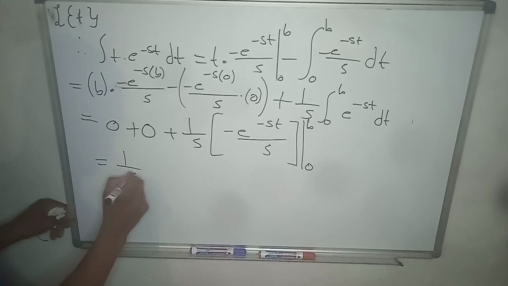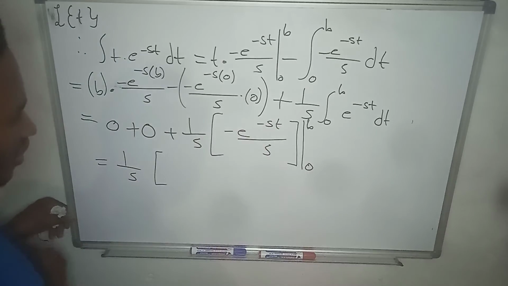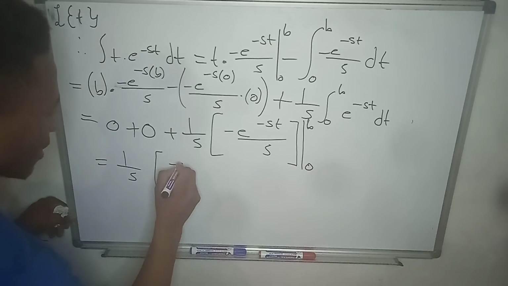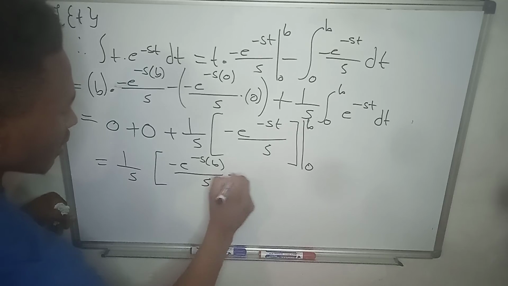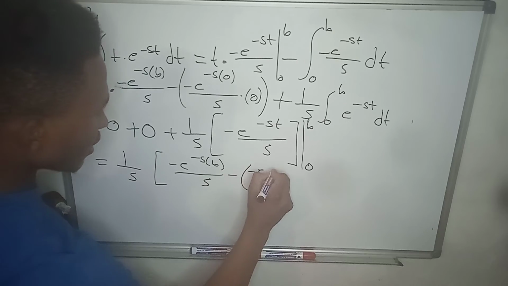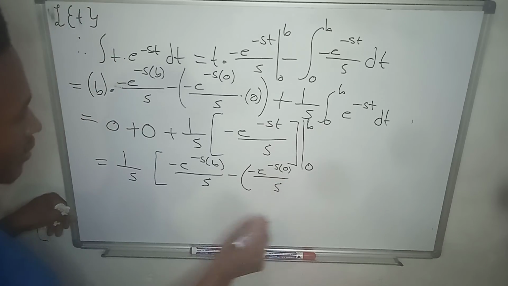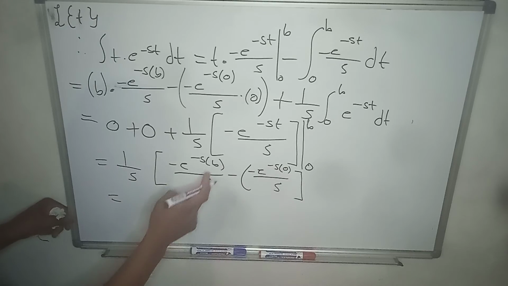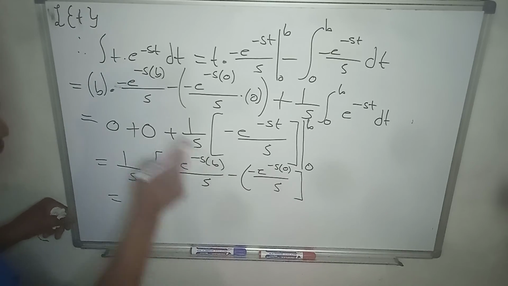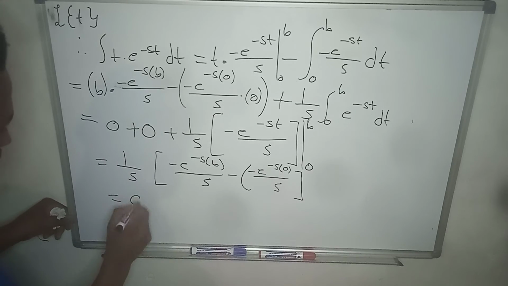So my 1 over s times, if I substitute b, it will be -e^(-sb) all over s, minus -e^(-s times 0) all over s. I've substituted in here. So like I said, when b goes to infinity, this whole thing will give us 0. So 1 over s times 0 will just give us 0. Negative, negative, positive.